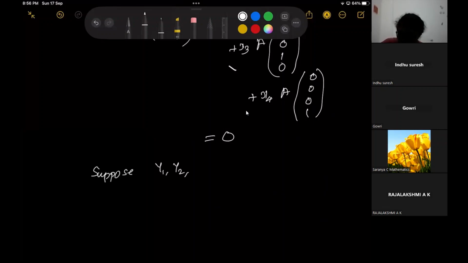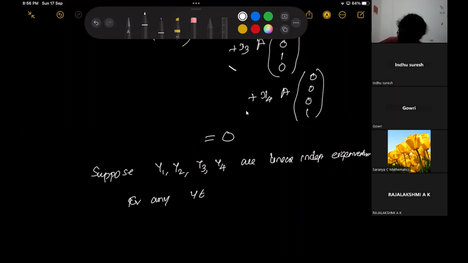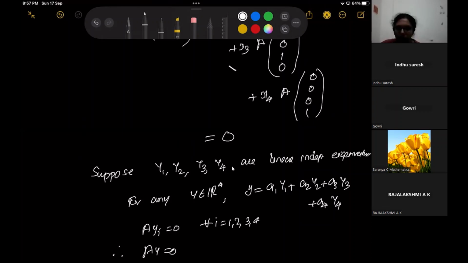Now, for any y in R4, we can write it as y equal to, okay, I'm taking 4 linearly independent eigenvectors.